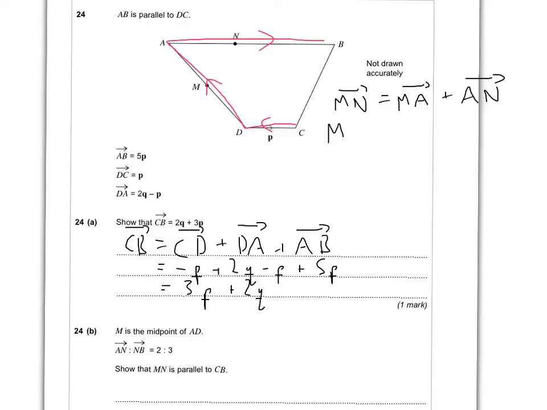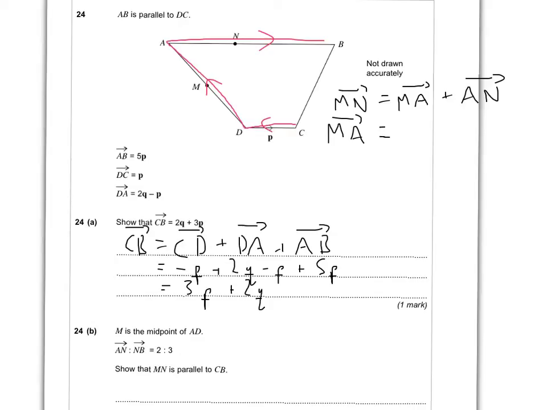So MA is, excuse me, if I was a professional, I'd probably stop and redo this, but I'm going to keep going. MA is this little bit here, and because M is in the middle of AD, I know that MA is half of whatever DA is.